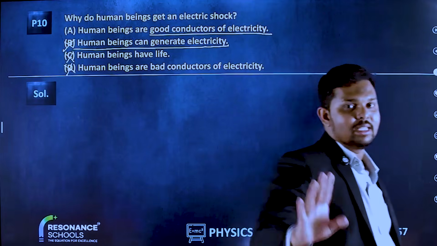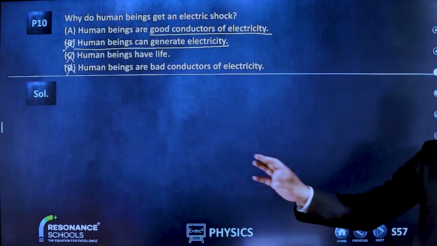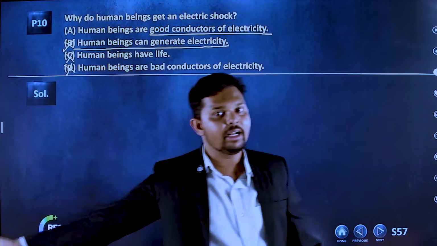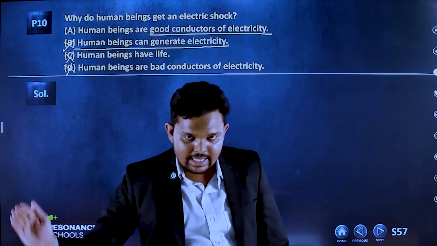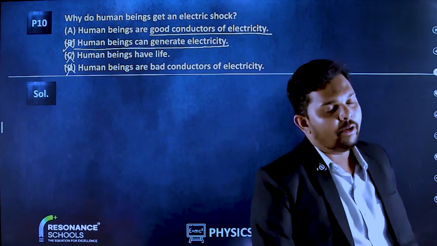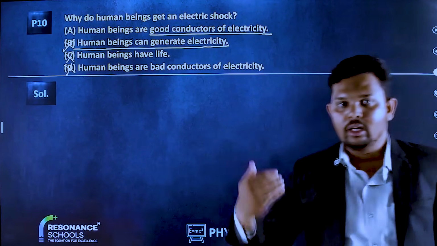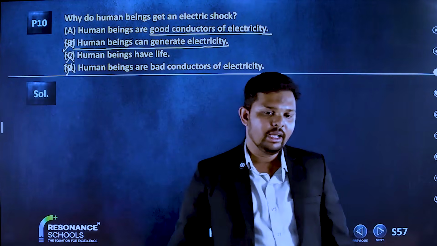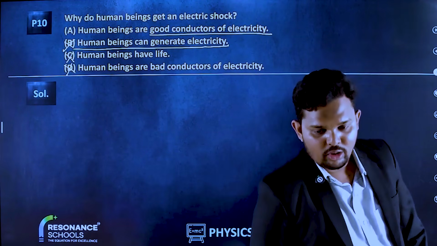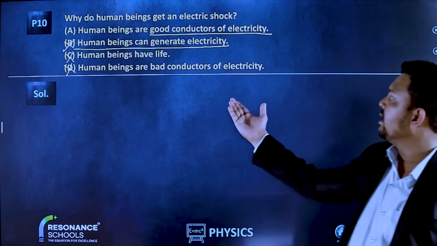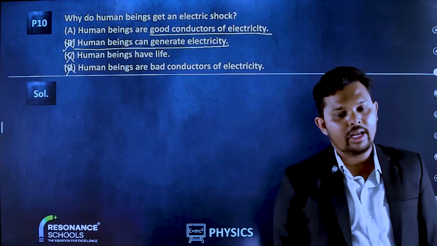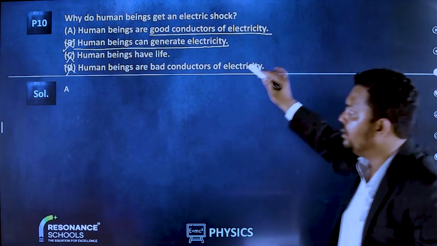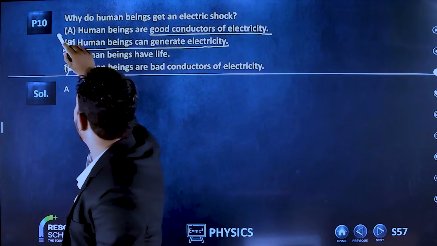If I connect to any current kit, the transfer of electrons from the current kit to me happens, and as a result the electrons flow from the current kit to me. That is your electric shock, and that is why the body is considered a good conductor of electricity. So according to me and all of you, the correct answer is A.